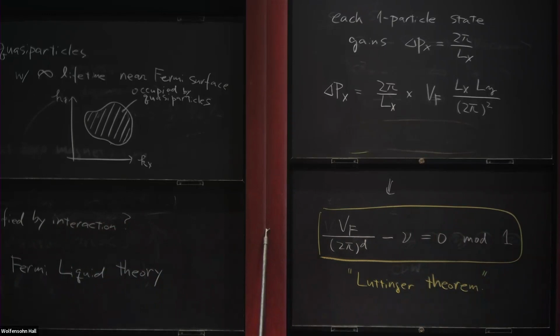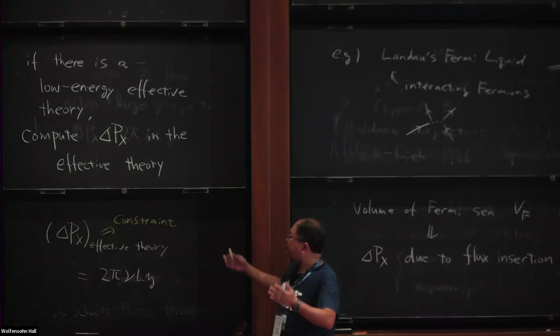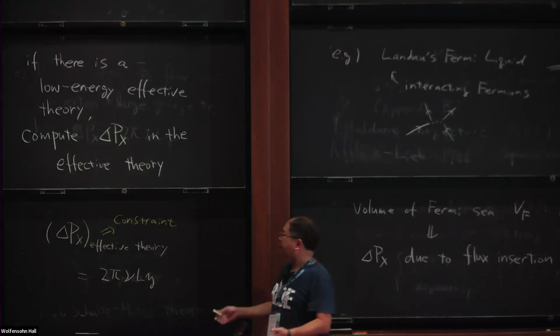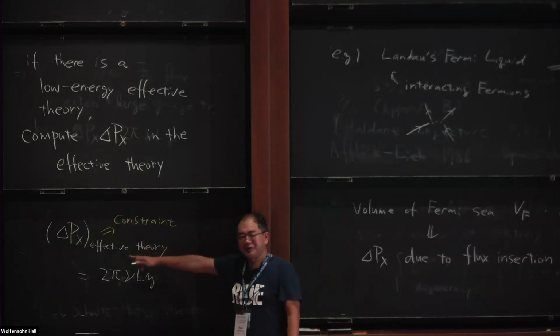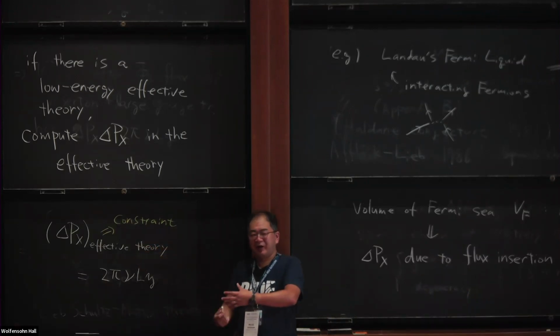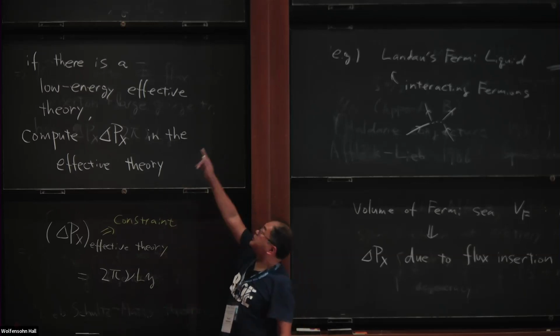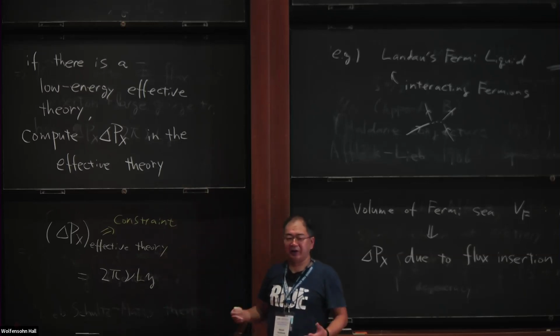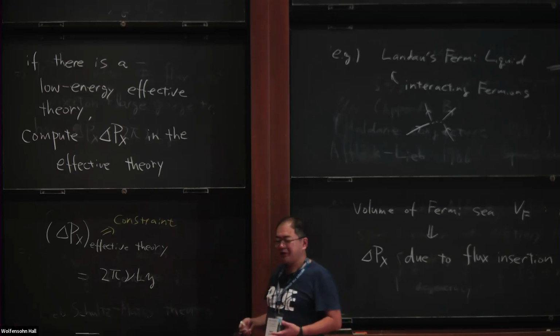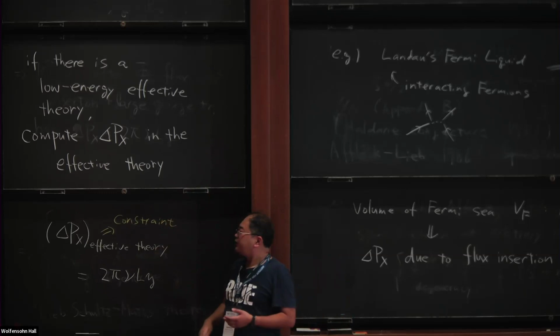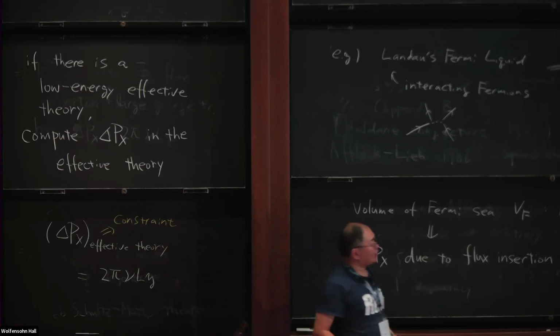Even for non-Fermi liquids, my challenge is that if you have your favorite low energy effective theory, you should compute this momentum shift under adiabatic flux insertion, get some result, and then compare with this exact result, and they must be consistent. Or if your theory contains some parameter, then this fixes the parameter.